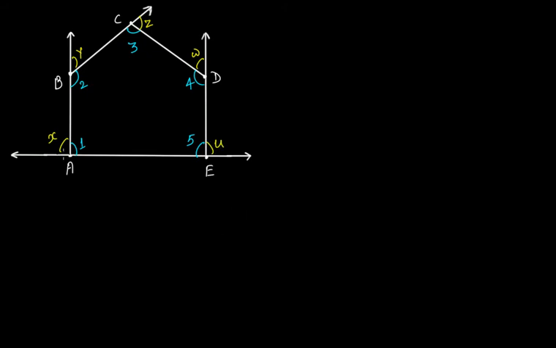Okay, now from vertex A, x plus angle 1 is equal to 180 degrees. How? Due to the concept of linear pair. They form a linear pair.